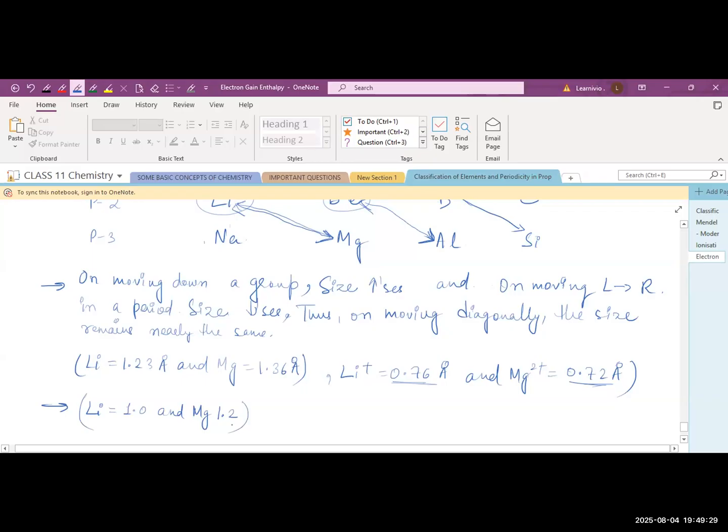You can see they are quite similar, very near to each other. Similarly for beryllium you can write 1.5, and for aluminium it's 1.5. So in this case the electronegativity is the same for beryllium and aluminium. For boron it's 2.0, and for silicon it's 1.8.